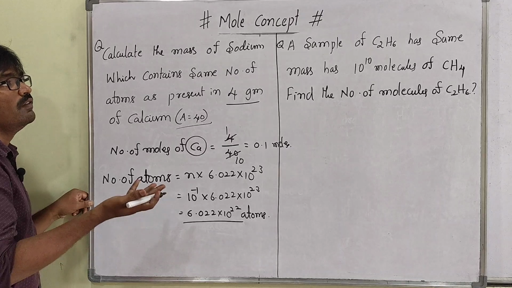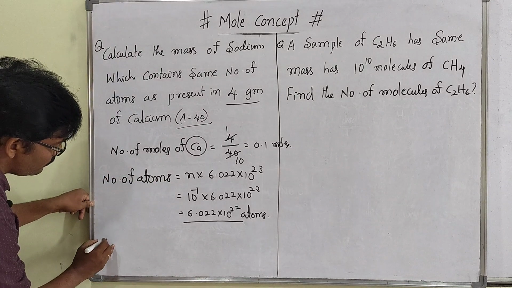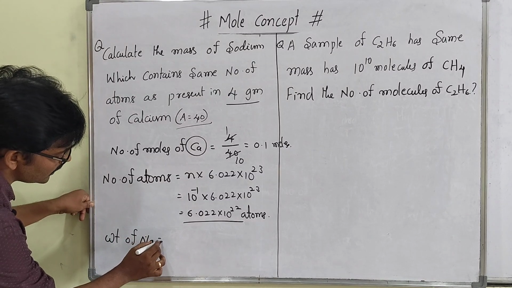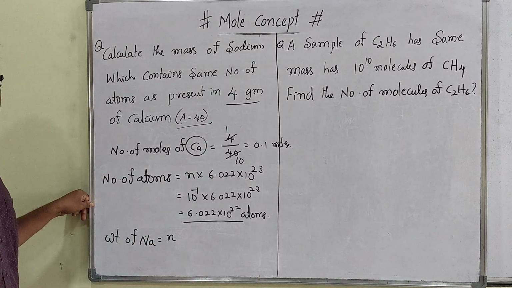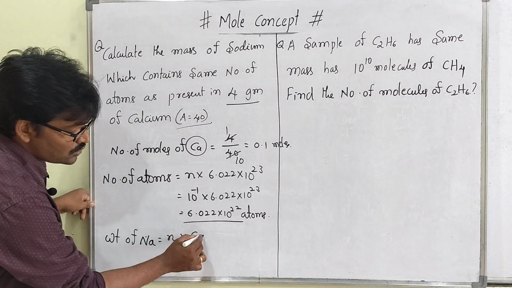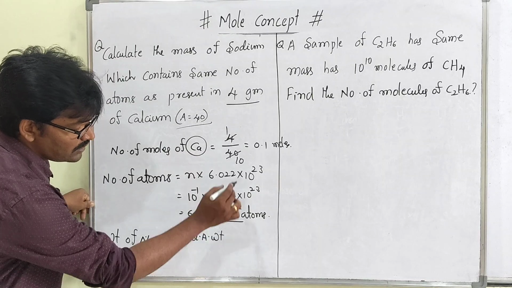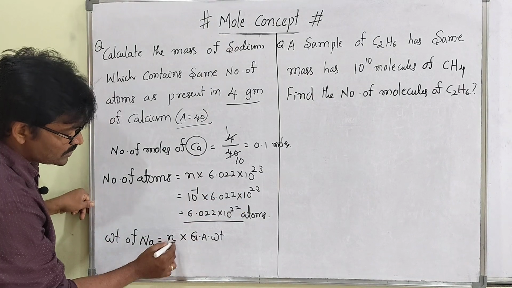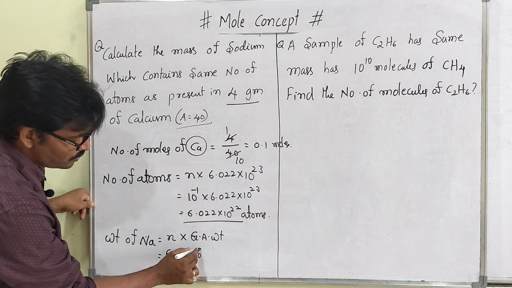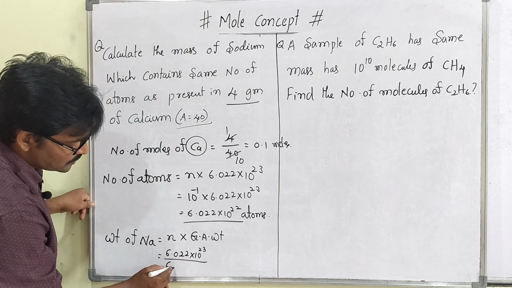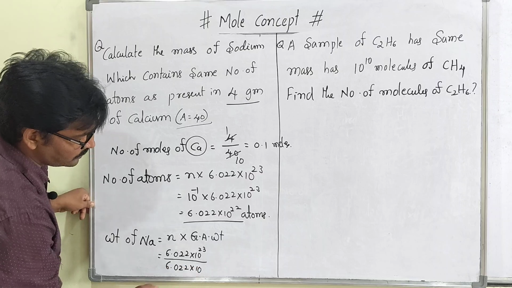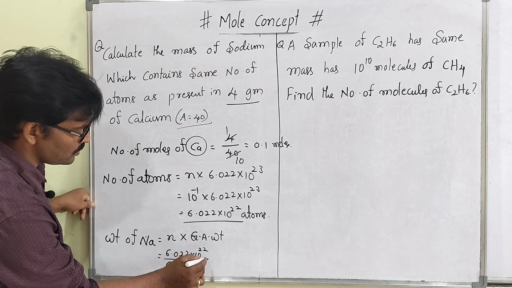What is the weight of that sodium atoms, the question asks. To find the weight of sodium, first find the number of moles of sodium. Number of moles into gram atomic weight of sodium you have to take. How do you find the number of moles? Given 6.022 into 10 to the power of 22 divided by 6.022 into 10 to the power of 23.